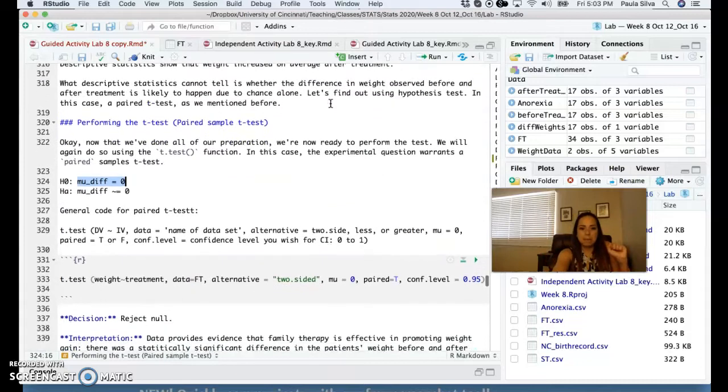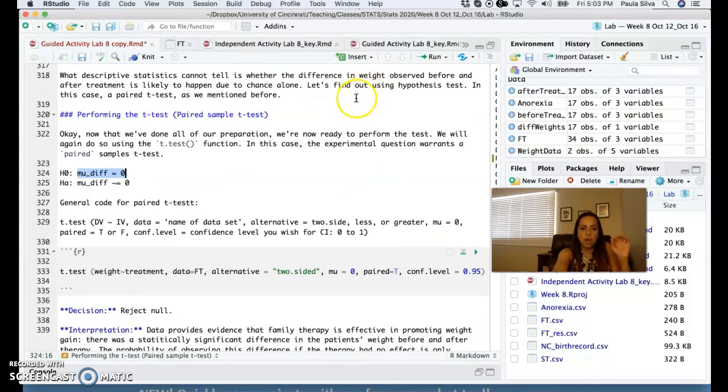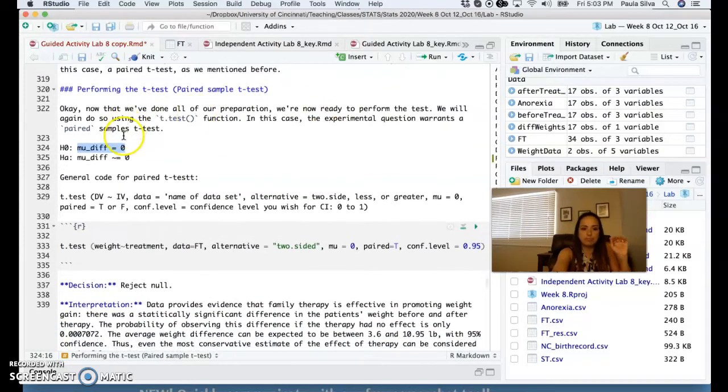So let's set up the hypothesis. That's why we do hypothesis tests. So we need to first and foremost define the hypothesis explicitly. So the mean difference equals 0 is the null hypothesis, and the alternative is that the mean difference is different from 0.